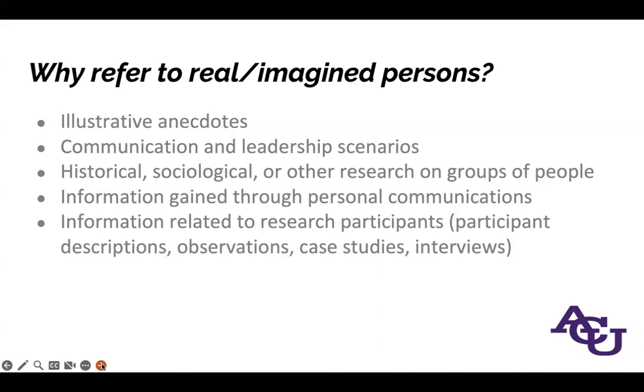Also, there may be information to write about that you gain through personal communications or information related to research participants, which could include information about participant descriptions, observations, case studies, and interviews.